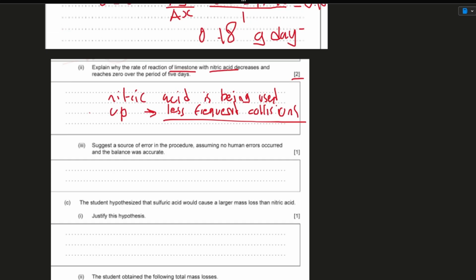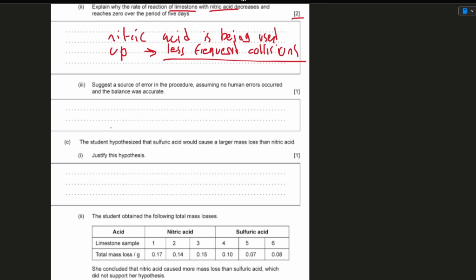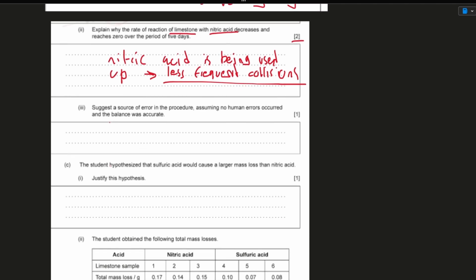For part 3 of section B, it says, suggest a source of error in the procedure, assuming no human errors occurred and the balance is accurate. So we're looking at random errors here, errors that are not affected by the quality of experiment. We can assume that since the balance was accurate, we can use other variables.